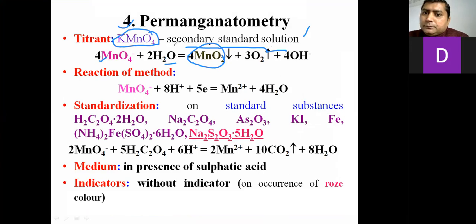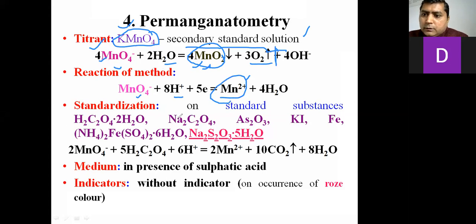Potassium permanganate is reduced into MnO2. That is the reduction, and oxygen is involved here. This is basically used as the titrant. In the reaction, MnO4 is reduced to Mn plus 2.